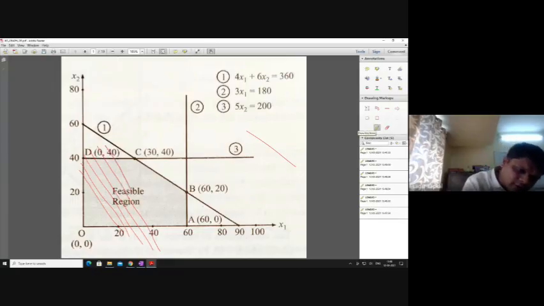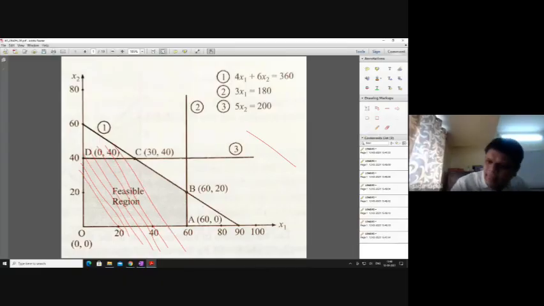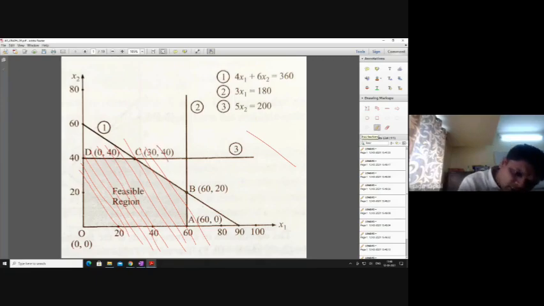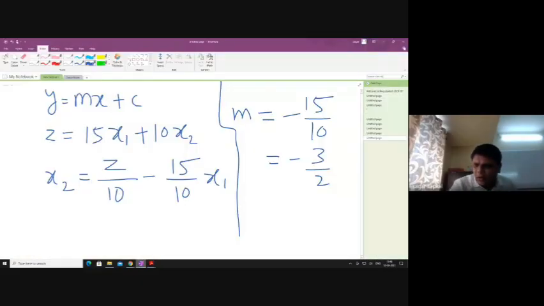If you go on drawing parallel lines, using your parallel rule, moving it parallel to the line which we have drawn having slope minus 3 by 2, then this line will leave the feasible region at a single point, and that single point is B. Am I right or wrong?